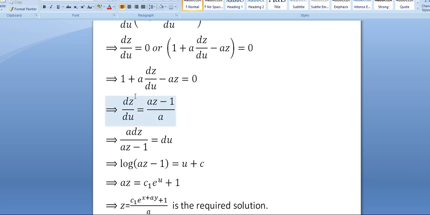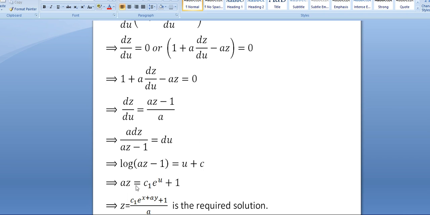Now let me separate the variables here. When I separate the variables, it will become a dz by az minus 1 is equal to du. Now when I integrate this part, the integration of this can be written as log of az minus 1 is equal to the integration of du, which is u plus c.